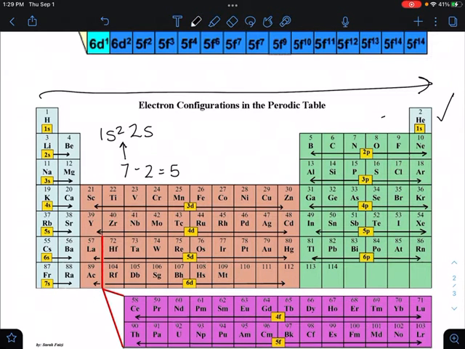So I only am filling 3 out of the potential 6 that p can hold. So instead of writing 2p6, I write 2p3. And that is 2 plus 2 plus 3 equals 7. All right, let's do another one because I feel like I'm not explaining this that well.